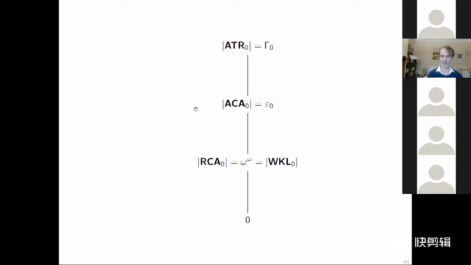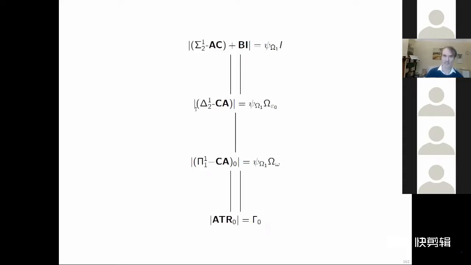So here we go, we gently go up, omega to the omega, epsilon 0, and then from a higher point of view, even gamma 0 appears to be a rather small, benign ordinal. Then here we start at the bottom again, ATR0, that's gamma 0, and then these double lines here. So the next system, the last system of the big 5, is based on Pi-1-1 comprehension, has this ordinal here.